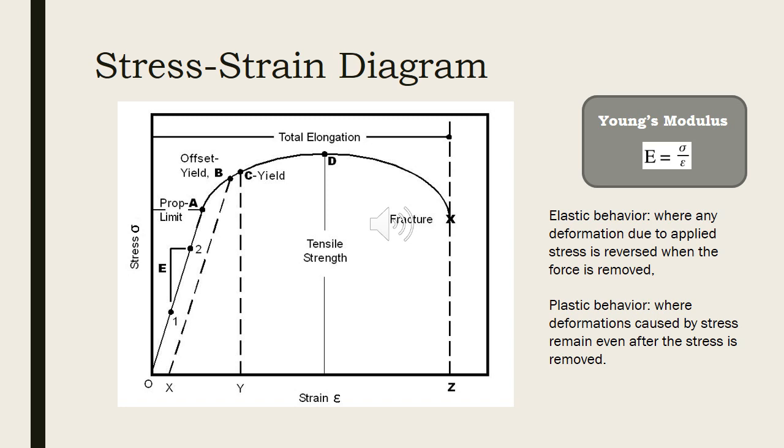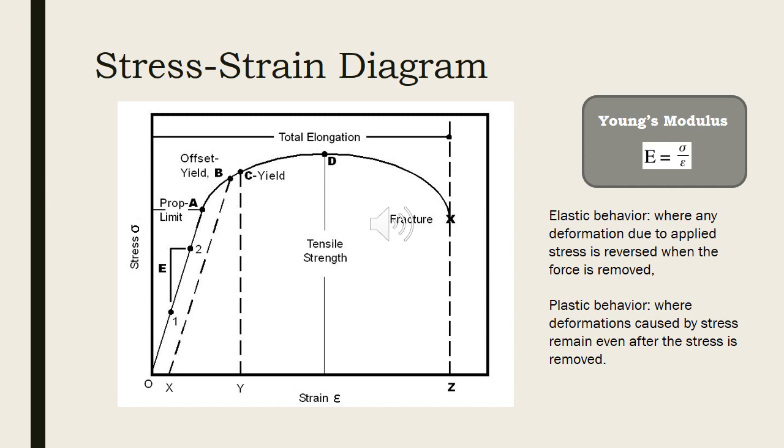For materials that do not have a well-defined yield point or whose yield point is difficult to determine, an offset yield strength is used, shown as point B. Offset yield strength is the stress that will cause 0.2% permanent strain.